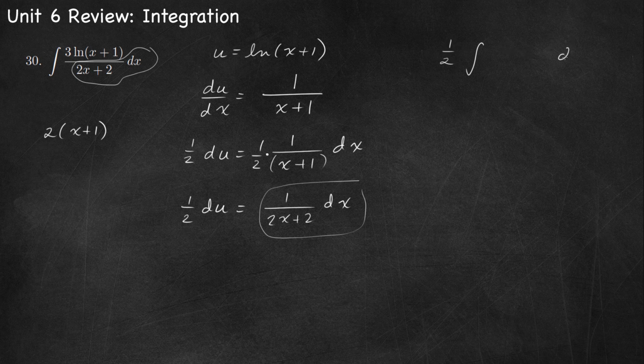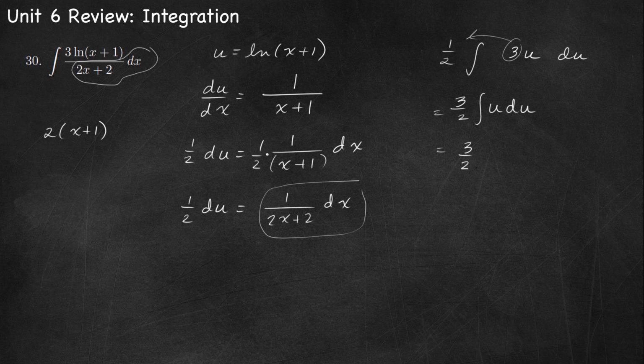So our integral becomes 1/2 du. 3 ln x plus 1 is just 3u, because in this case, u is ln x plus 1. And now we integrate. The 3 can come out. So 3/2 integral u du. We integrate.